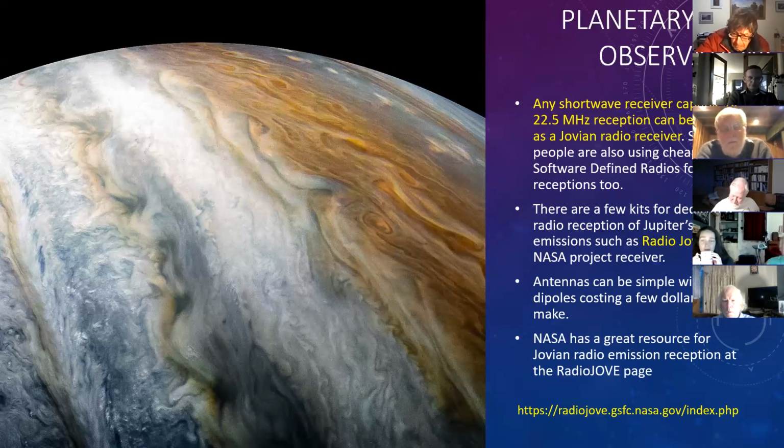And again, there are some kits if you don't have a dedicated receiver or don't want to play with software. There is a little kit called Radio Jove, which is another NASA project receiver. It's a little more expensive, but you can buy whole kits for that, and also kits for the antenna as well.